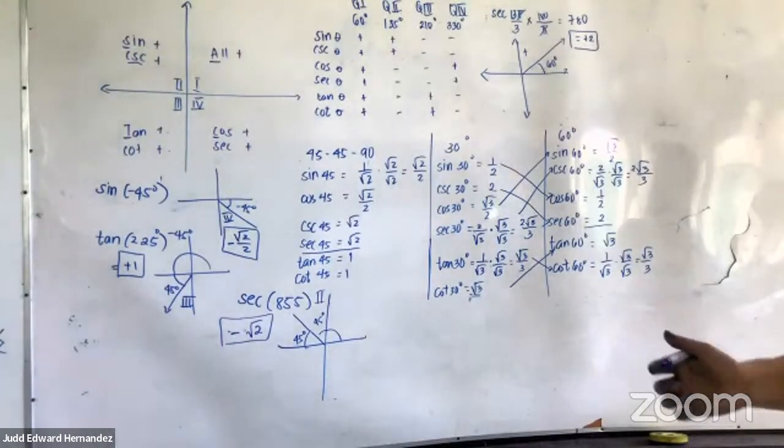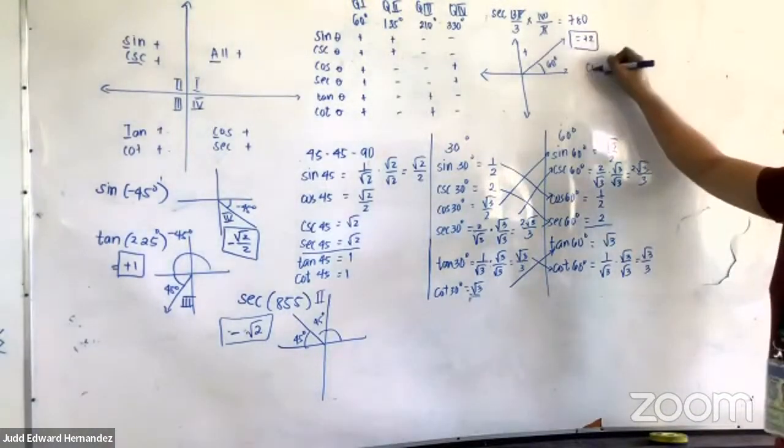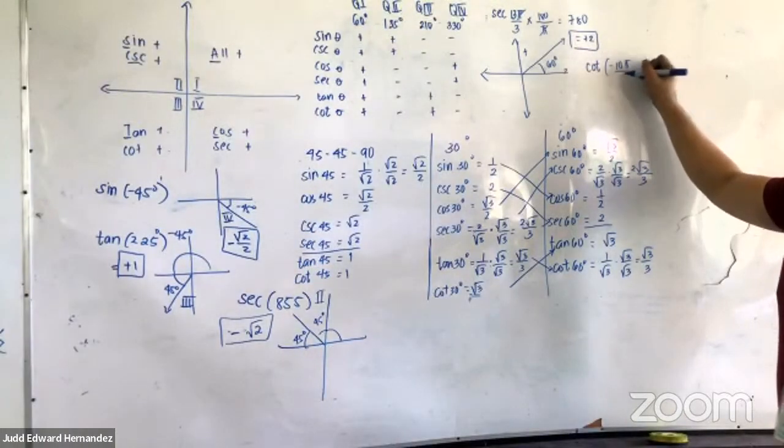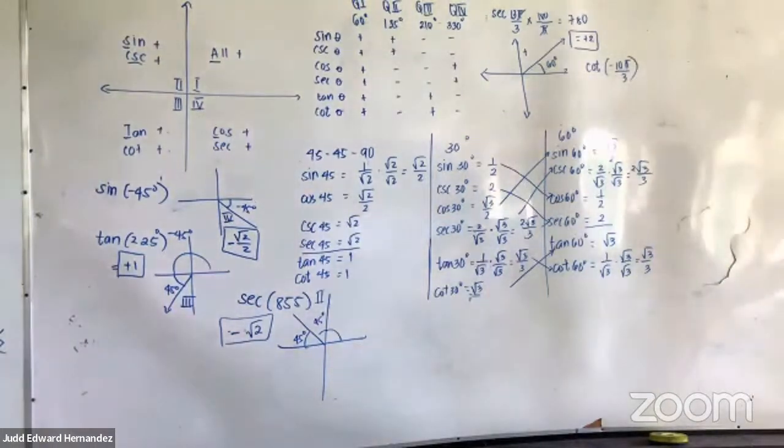Okay, next. We are given cotangent negative 10 pi over 3. I'll leave that to you. I'll be giving you 1 minute to answer. Ano magiging answer nyo?